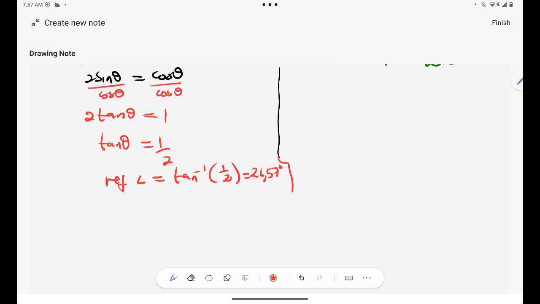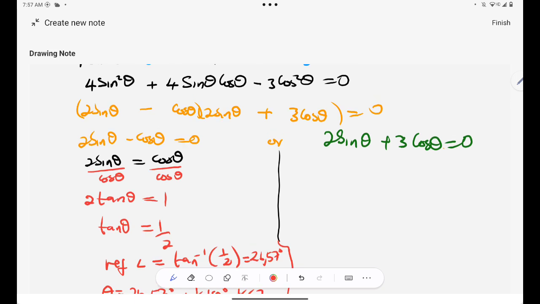So I must just express my reference angle where tan is positive. I know tan is positive in the first quadrant, so I'll simply say theta will be just 26.57 degrees plus k 180, where k is an integer.